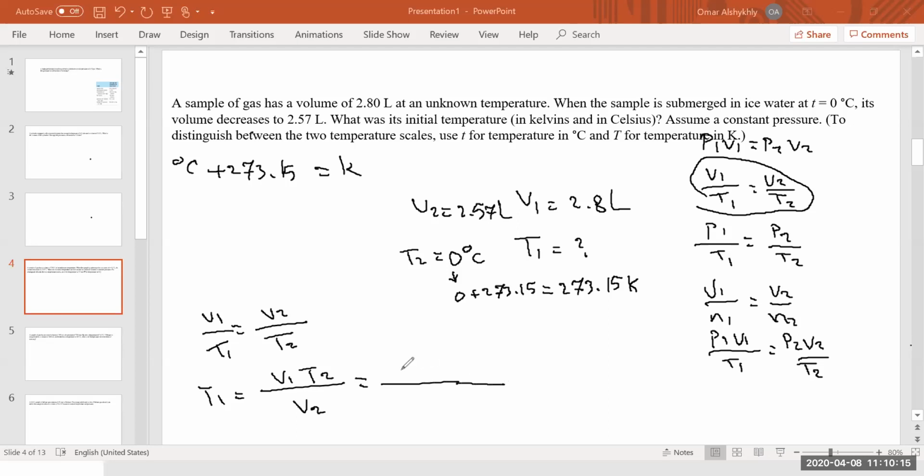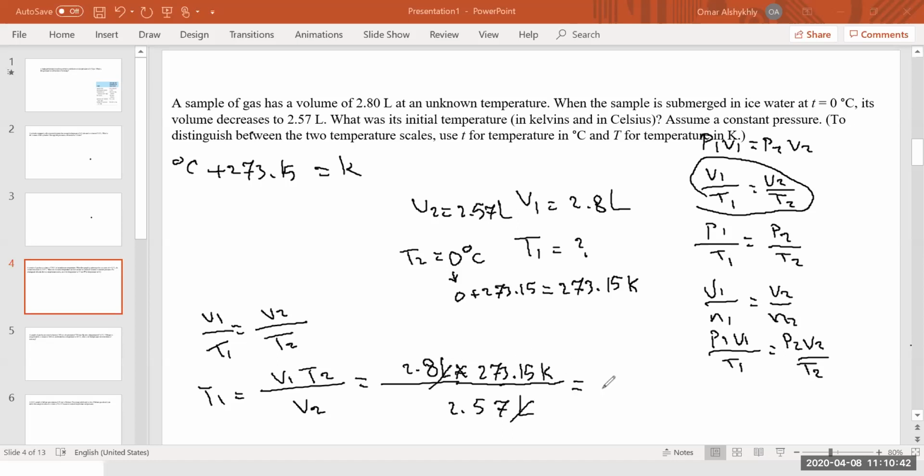And here the V1 was 2.8 liter times T2, 273.15 Kelvin, divided by 2.57 liter.